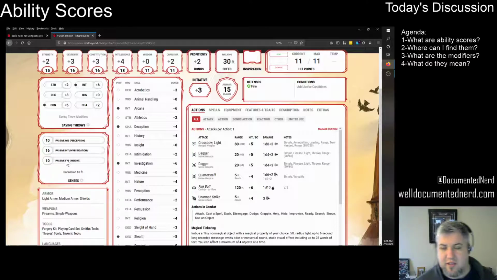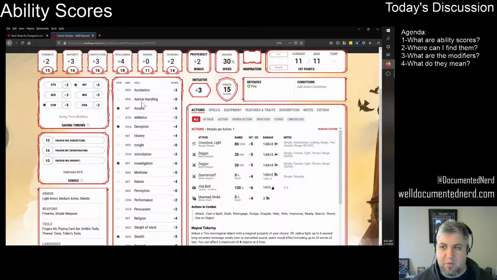Same with insight. So if I'm talking to somebody, like let's say I as a player am talking to a barkeep, and that barkeep is secretly planning to sell me out to somebody, and I'm just talking to them. I as the DM can say, oh, well, this player has a passive insight of 16, so I may call out to the player, hey, you notice this guy's a little shifty. Right? So that's how these scores impact this type of gameplay.